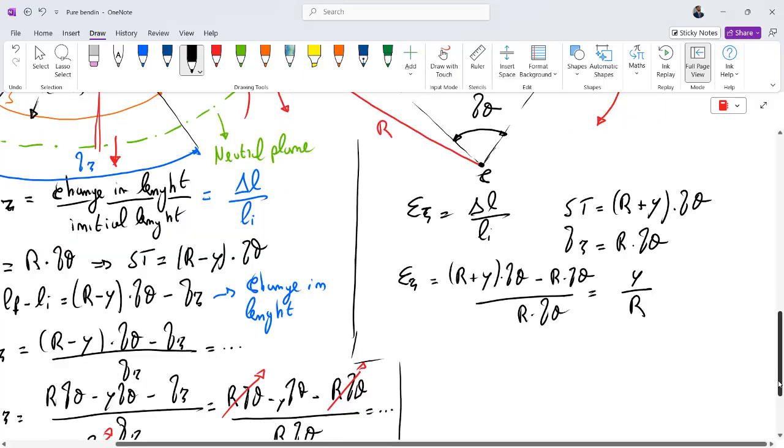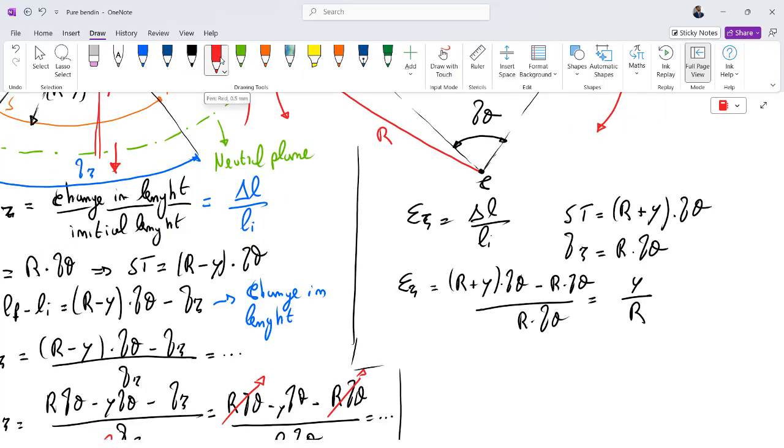In this case, for all the fibers placed in the direction of positive y, y greater than 0, epsilon z is greater than 0. For all the fibers placed in the bottom part, in the direction of negative y, y less than 0, epsilon z is less than 0.